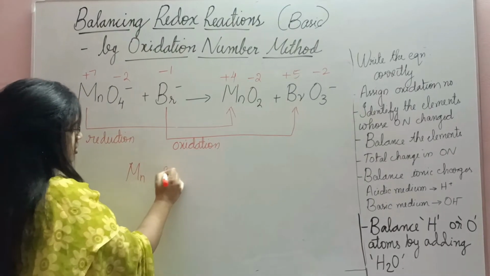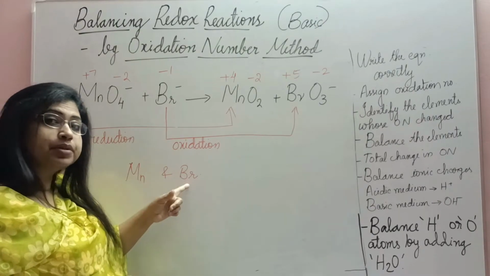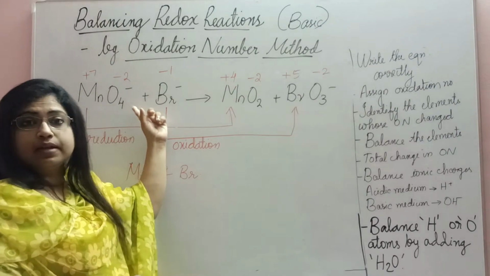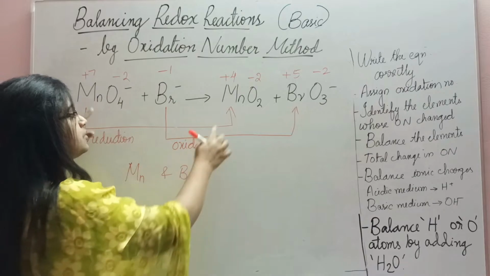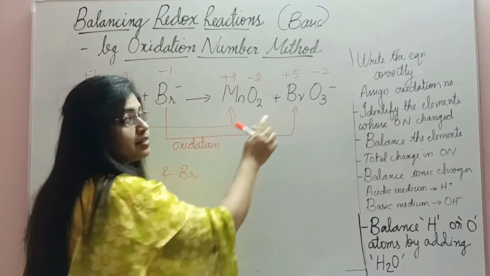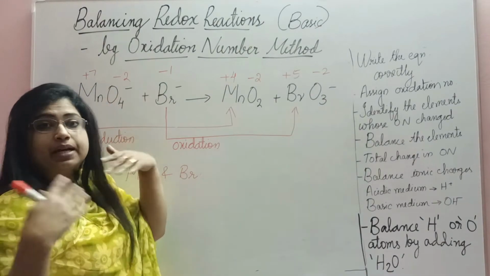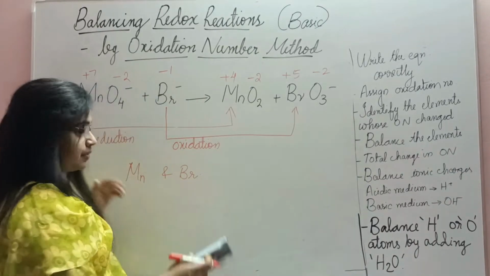Manganese and bromine. Let's balance the number of manganese and bromine atoms on the reactant as well as on the product side. Manganese, here it is 1, here also 1, balanced. Bromine, here is also 1, here is also 1, balanced. Okay, oxygen atom will be balanced at the end, not now, in the last step.